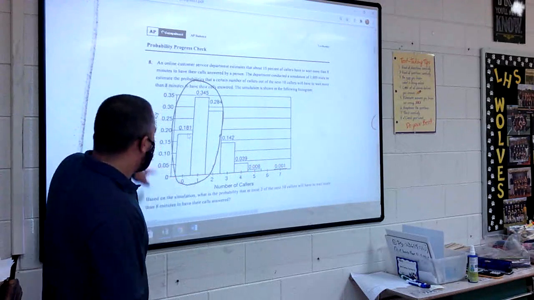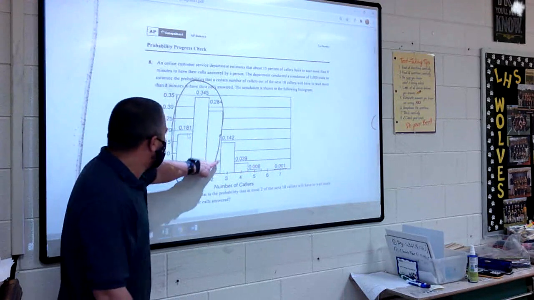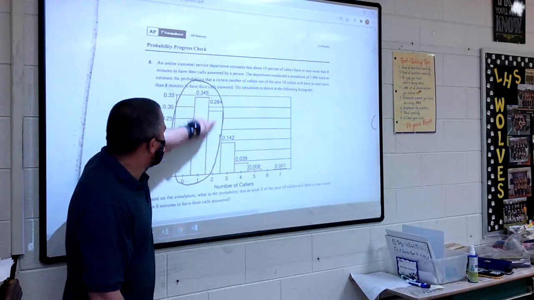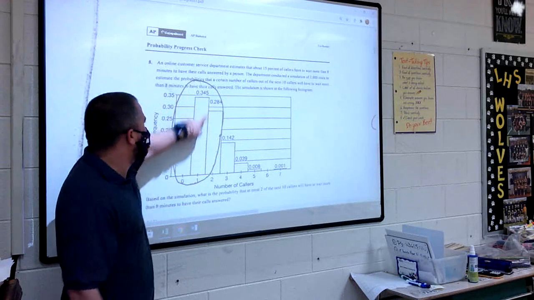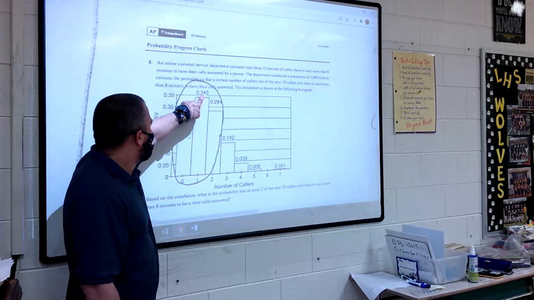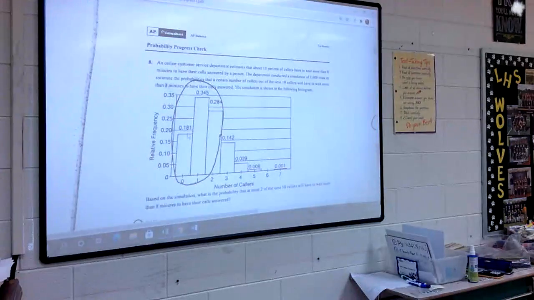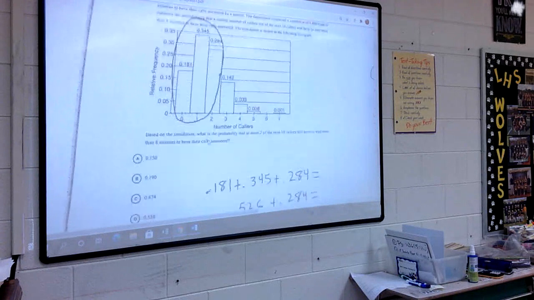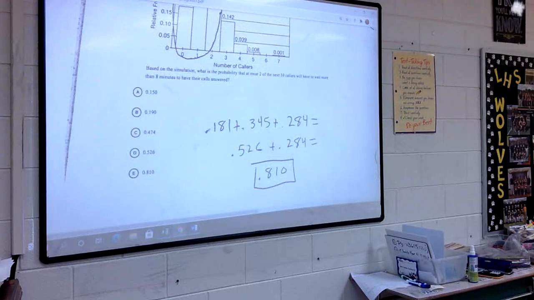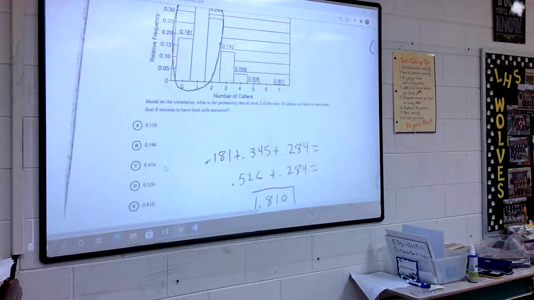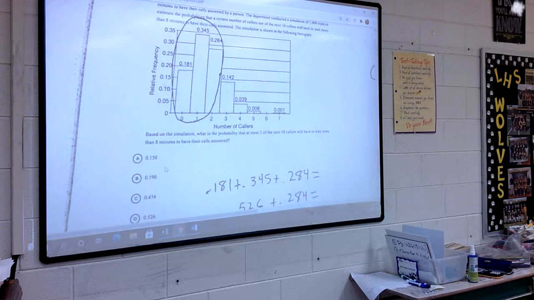So the probability that at most 2, that would be 2 or less, you can just add up these 3 probabilities: 0.284 plus 0.345 plus 0.181. If you add those 3 up, then you end up with 0.810, which is E. So I'm just adding up the probabilities, because it says at most 2. Got to use the vocabulary there.